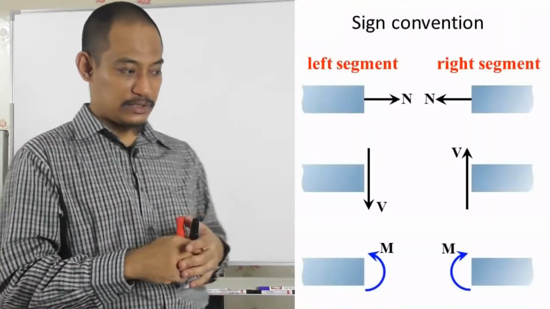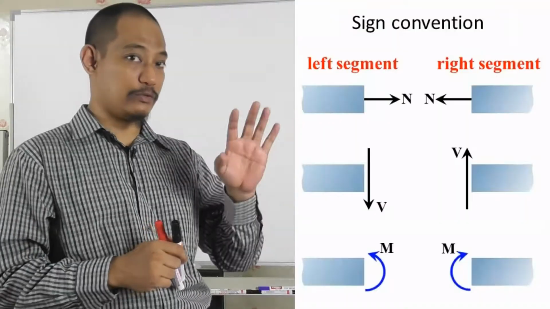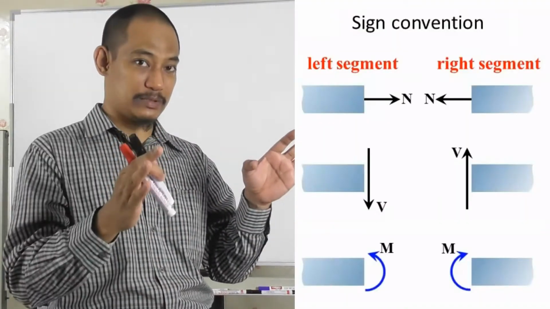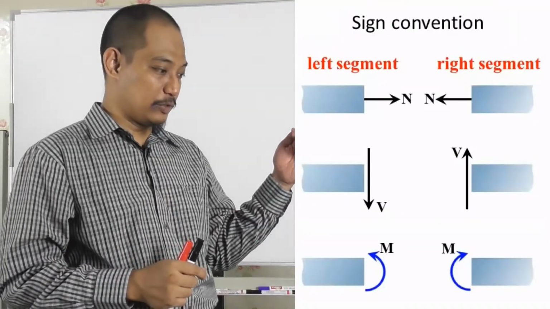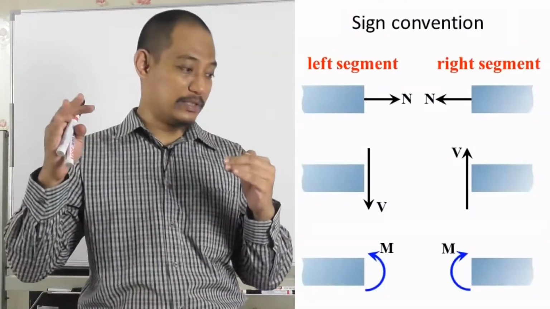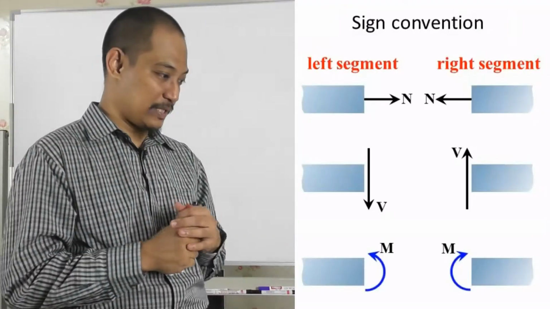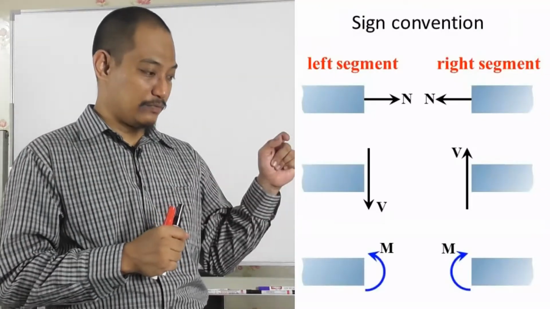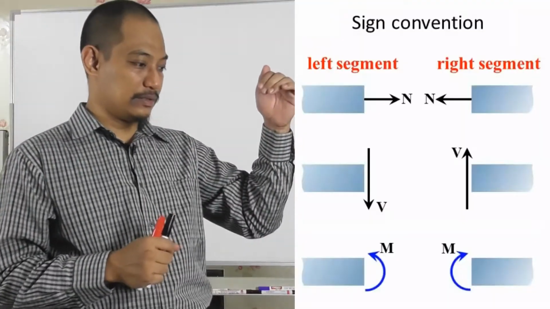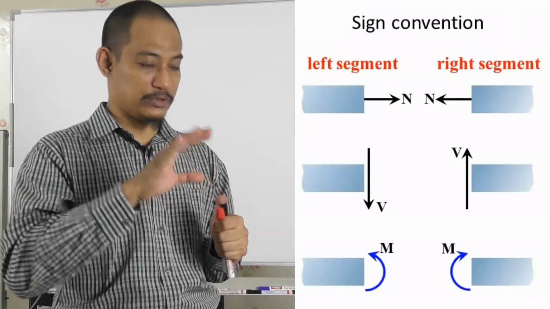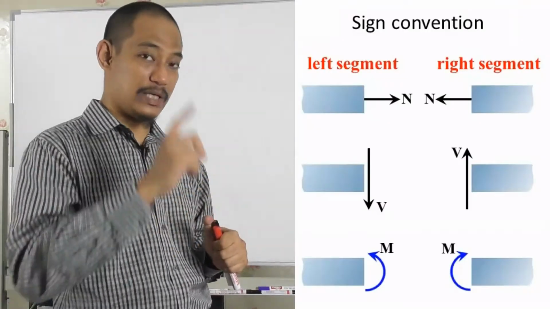So the convention is, if you consider the left side of the member when you have cut at that point, the normal is going out. Similarly on the right, the normal is going out. As you can see in the slide, for shear, if you draw on the left side, the V, which is the shear force, is going down, while if you consider the right side, it will be going up.